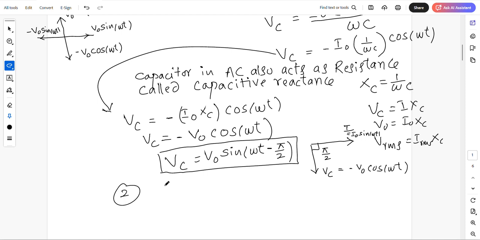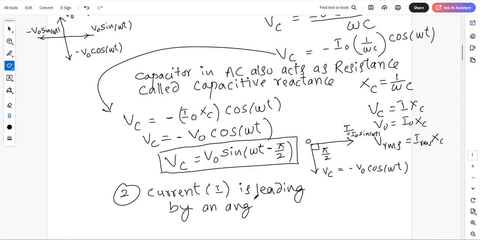We conclude that current I is leading by an angle pi by 2 with respect to the voltage Vc.